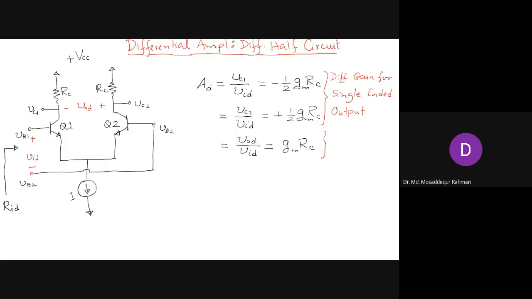And this one is the differential gain for differential output. Okay.